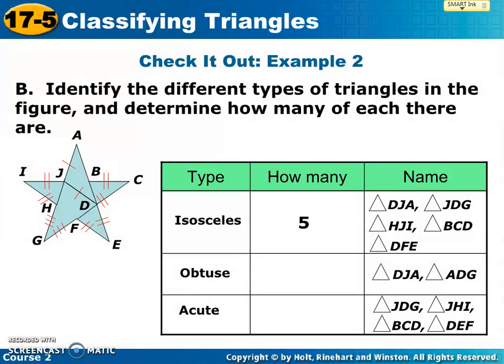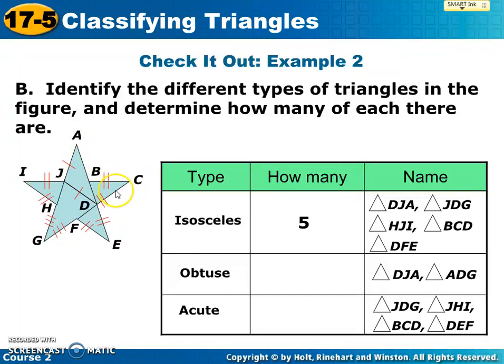And again, we can take a look at this symbol here, or this star shape, and look at the triangles and how many we have. So isosceles triangles, there's going to be 5 of them. You have DJA, so this triangle right up here. Again, we're looking for the congruent sides, 2 congruent sides.